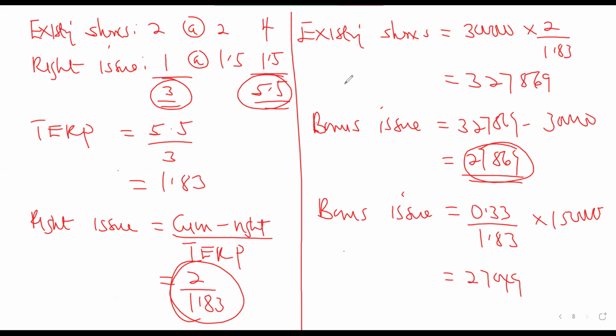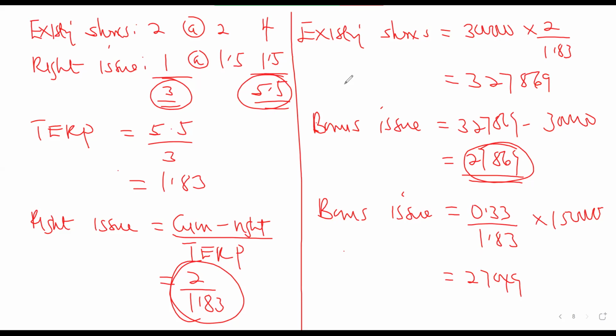So if I multiply the 0.33 by the 300,000, I don't know whether it's correct. 0.33 multiplied by the 300,000, what are you getting? You're getting 99,000. No, that is not correct.